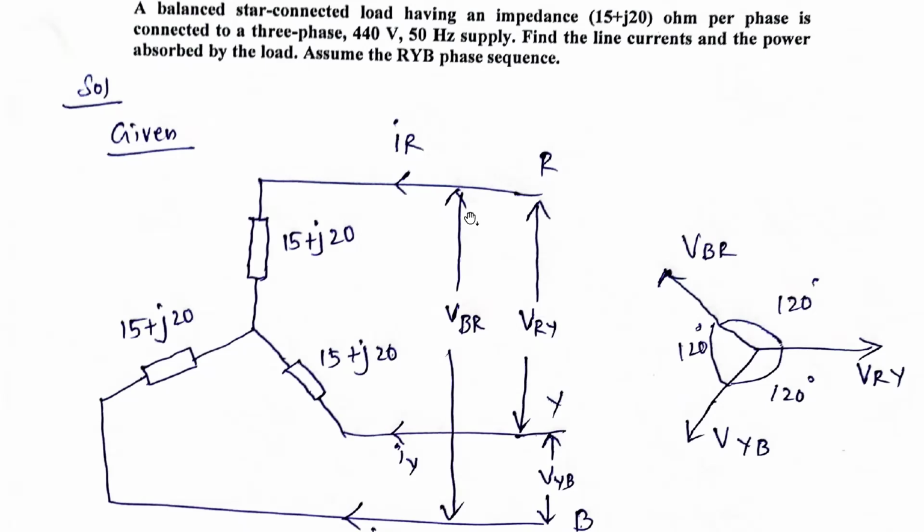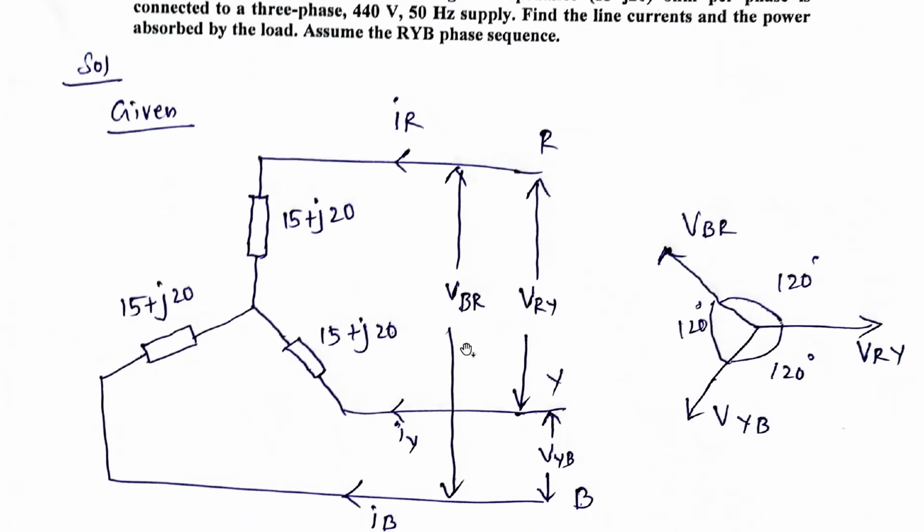It is connected to R, Y, and B. The voltage between R and Y phases is VRY, the voltage between the B phase and R phase is VBR, and the voltage between the Y phase and B phase is VYB. The currents are IR, IY, and IB.